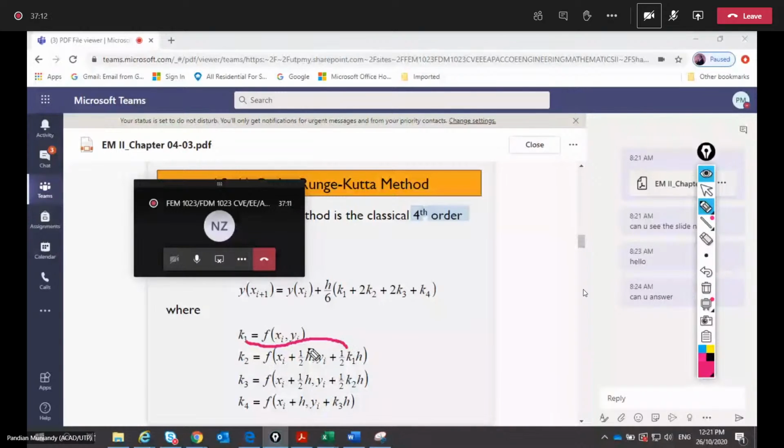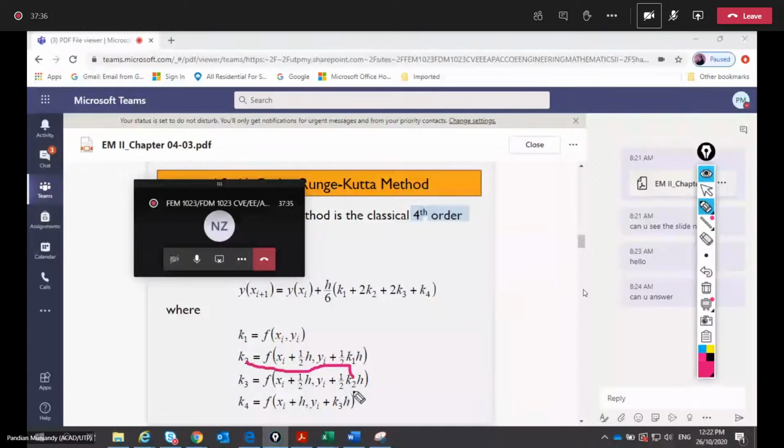This k1 is f(xi, yi), and k2 is f(xi plus half h, yi plus half k1 h). So the k1 must go inside, and the yi now becomes yi plus half k1 h. Now the k2 goes inside here.